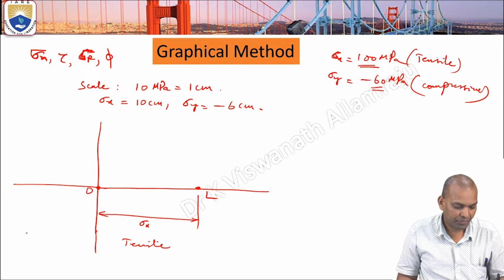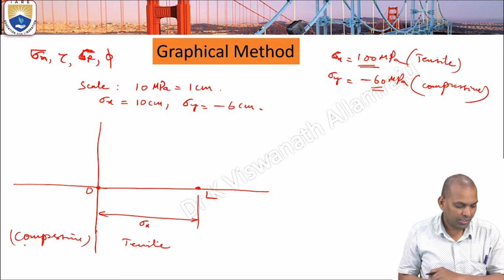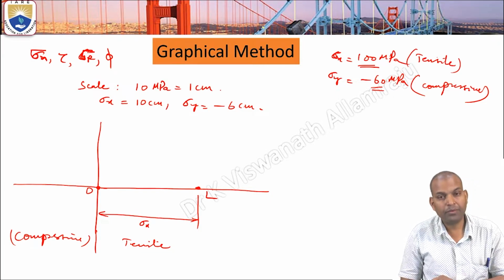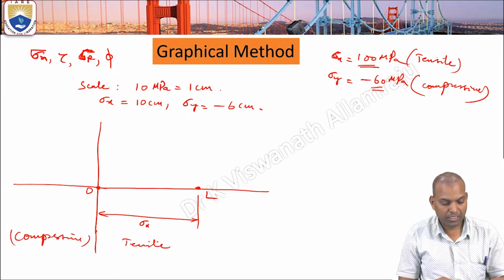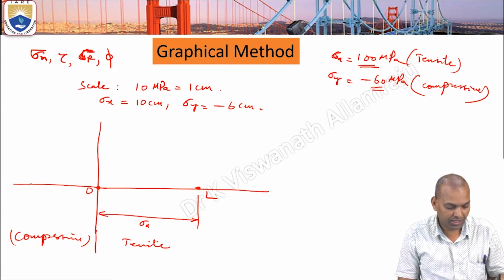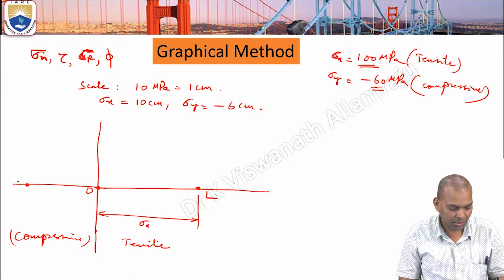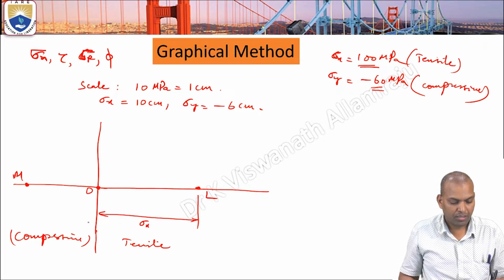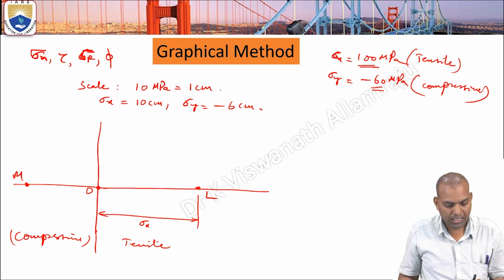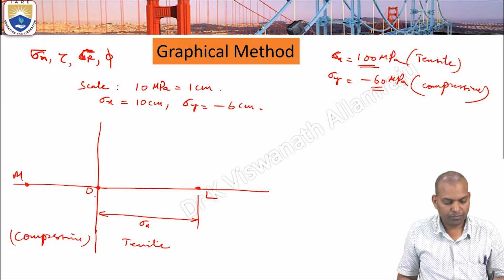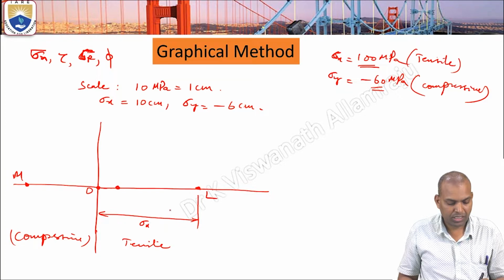The negative direction from O is the compressive zone, the compression force zone. Now from O, consider sigma y, minus 6 centimeters. This point is M. Take the midpoint of L and M, that is N, which is the center.